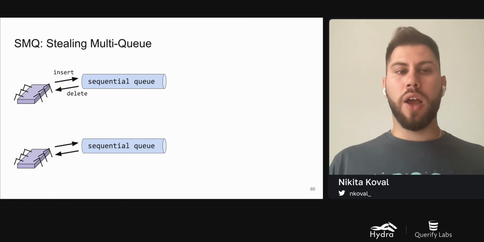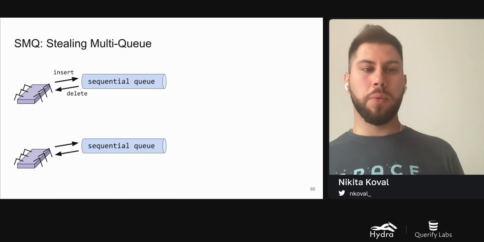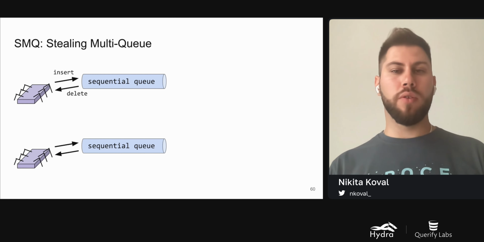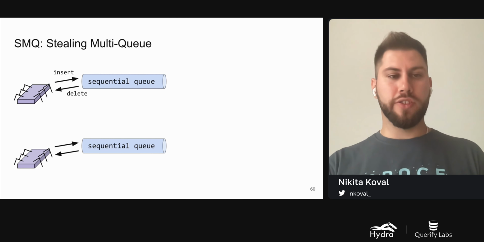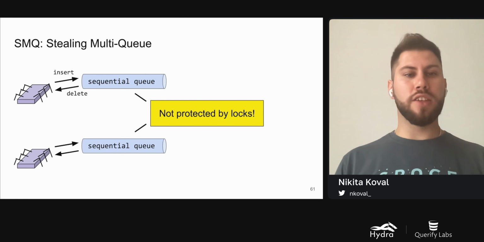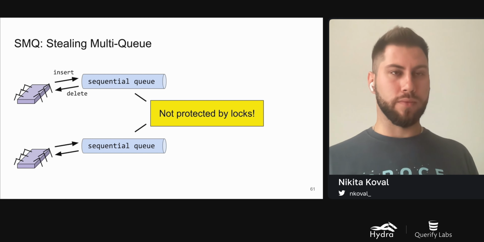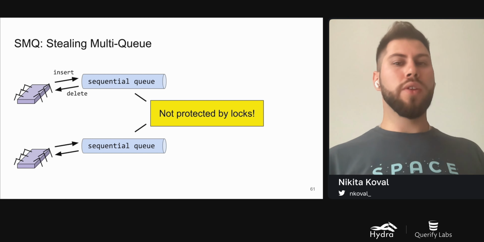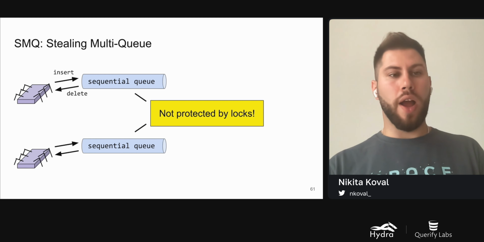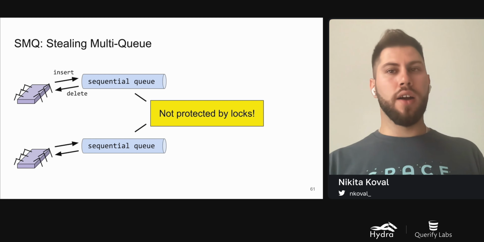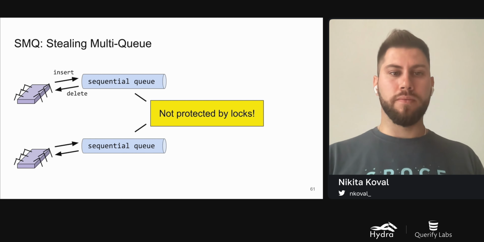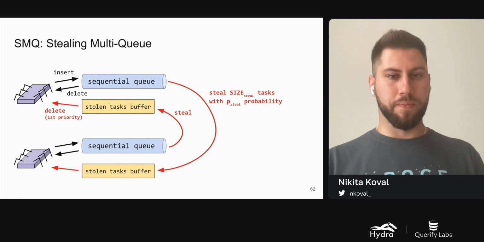And for that, we equip each thread with a thread-local sequential queue. And most of the time, we perform insertions and deletions to this queue. And these queues are not protected by locks. So when a thread accesses the queue, it shouldn't acquire and release the lock. It shouldn't do any atomic operation at all. And thus, it's much, much faster.